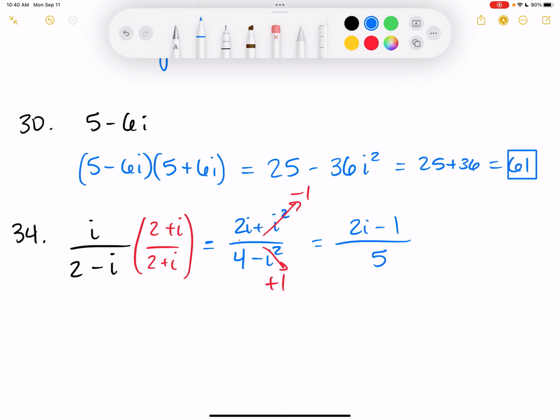It needs to be in standard form. So I need to reorder how this is written. So this is going to become negative 1/5 plus 2 over 5 times i. I just flipped the order of it. And remember, I can split it because the denominator was just one thing, not stuff being added together.